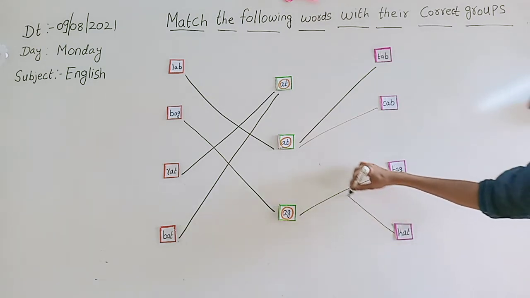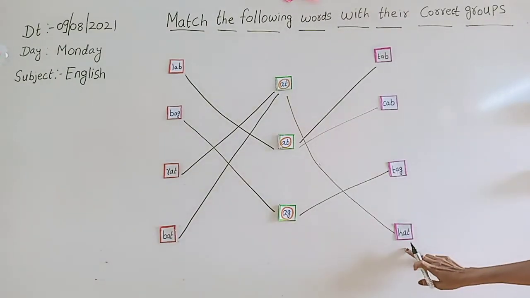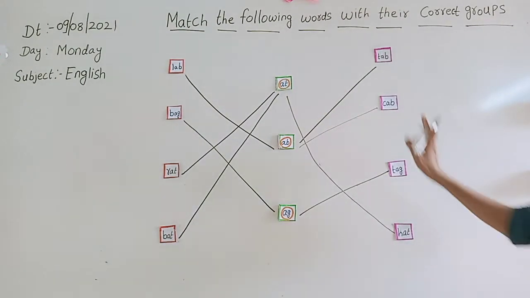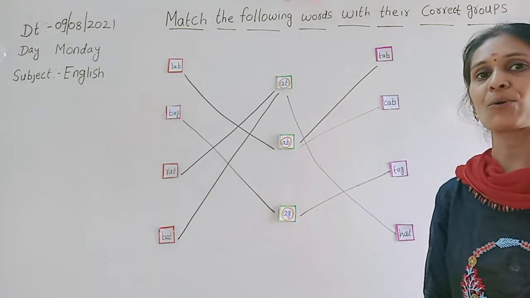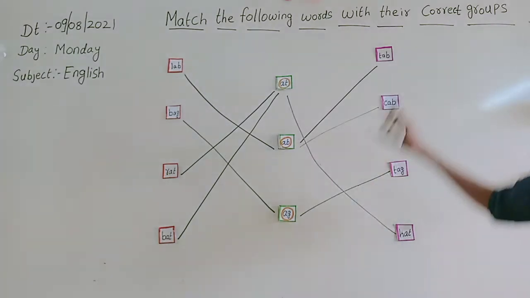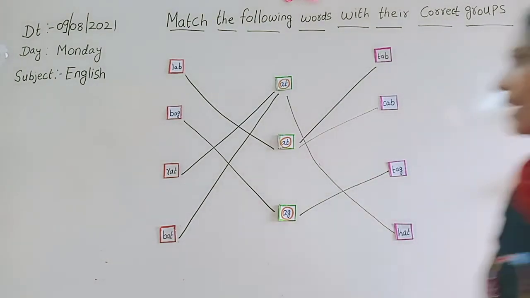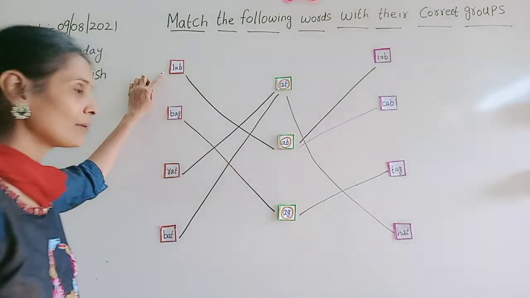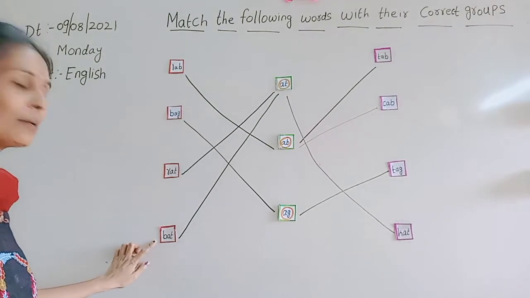Last word you have to match with A-T at. All these words are related to vowel A sound. A. Okay? Tag, cab, tag, hat. Then lab, bag, rat. Then bat.